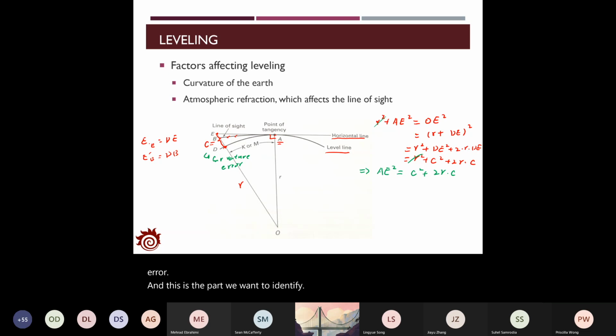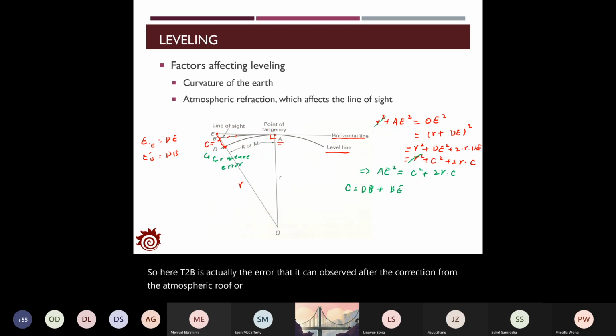Now let me give you an additional analysis. For the C, it actually consists of two parts: D to B and B to E. Here D to B is actually the error that you can observe after the correction from the atmospheric refraction, and B to E is defined as the refraction error.